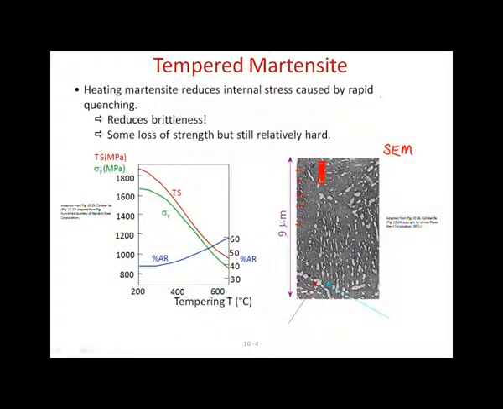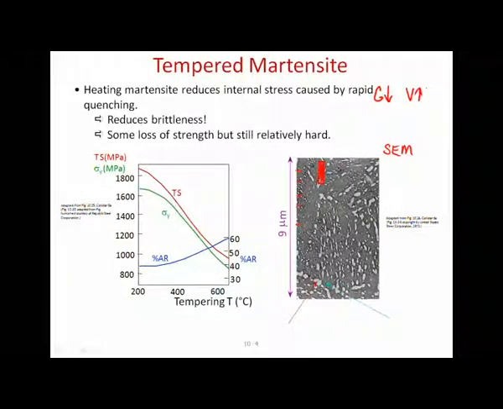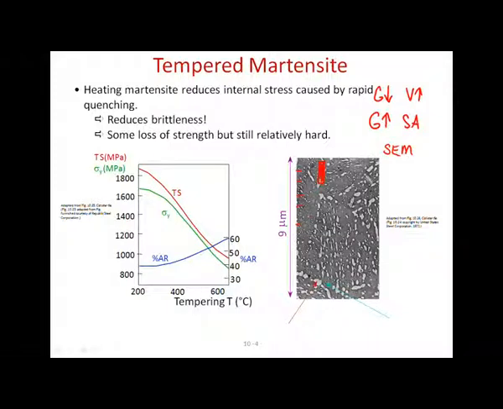But the free energy goes down as the volume goes up. So the energy of the system is going to go down as the volume of these precipitates goes up, because it wants to be in its equilibrium phase. You're not going to be tested on this, so just pay attention for your own edification later on. The free energy is going to go up as the surface area goes up.